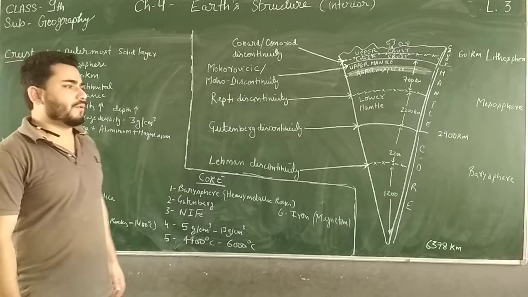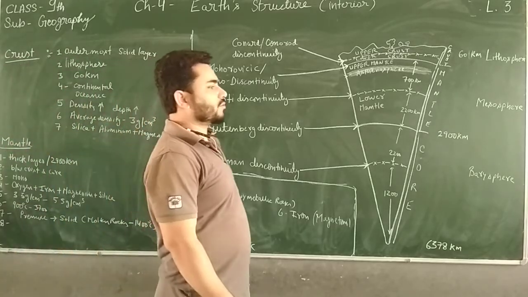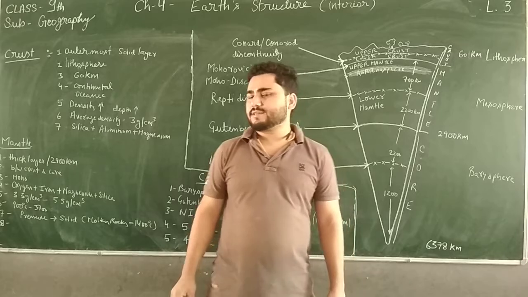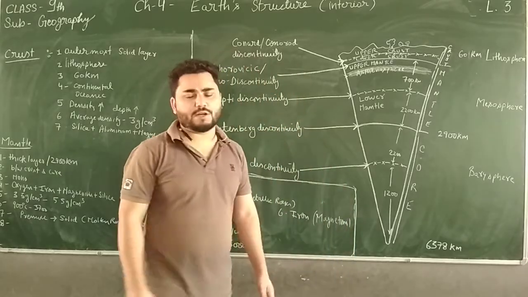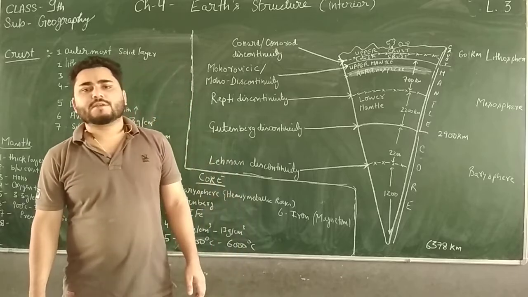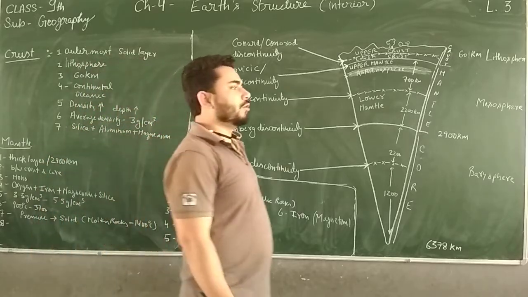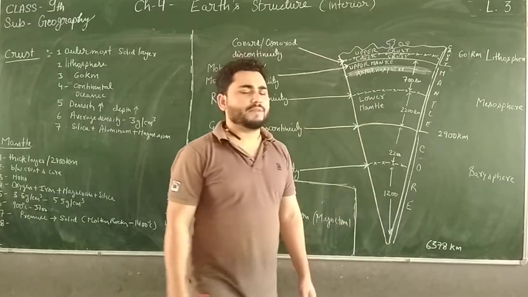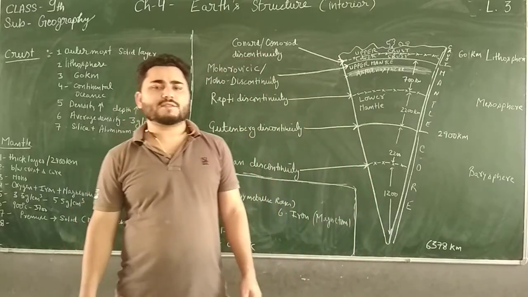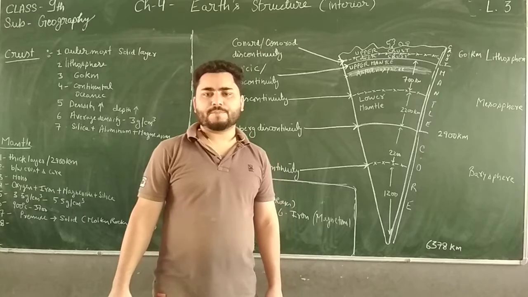We studied that Earth is majorly composed of silica plus aluminium, which floats on the upper surface of the Earth, and then sima, which is on the lower portion of the crust and upper mantle, composed of silica and magnesium.